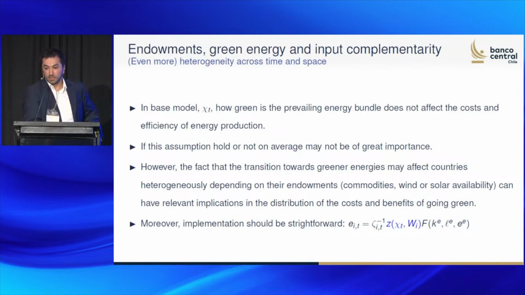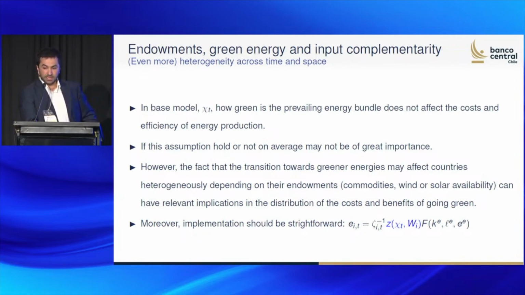Okay? So in the base model, this psi t is a reduced form variable that shows how green is the prevailing energy bundle. And importantly, it does not affect the cost and efficiency of energy production.